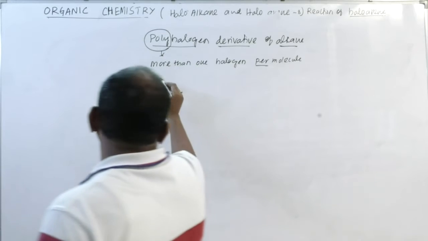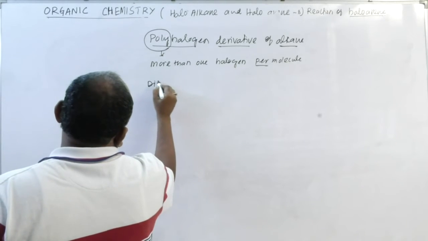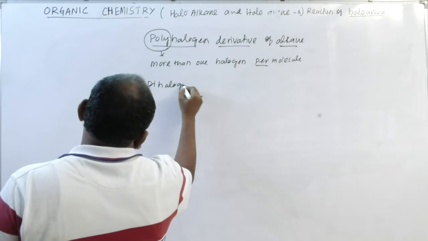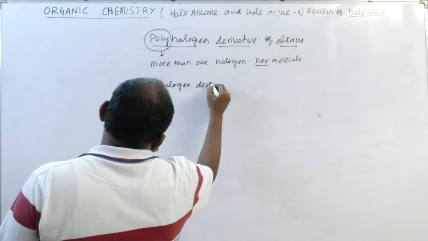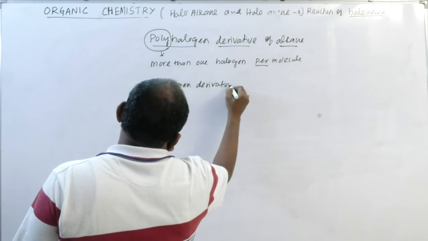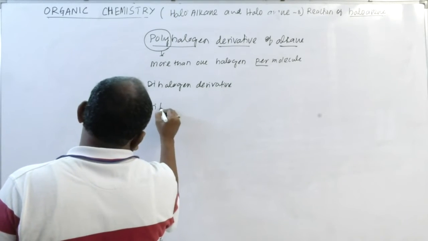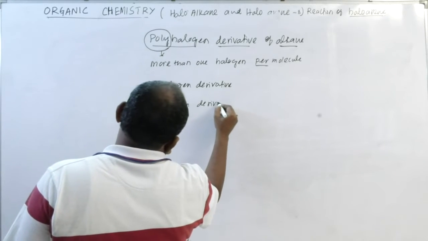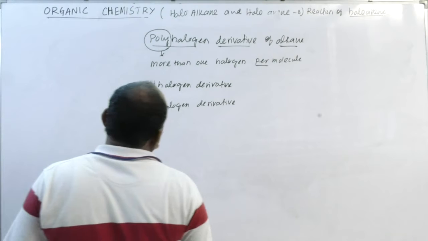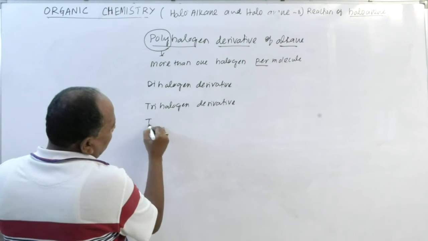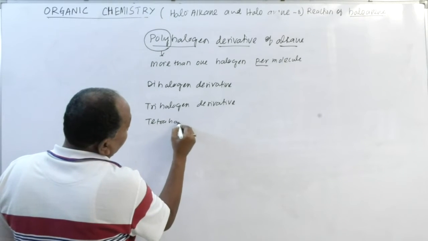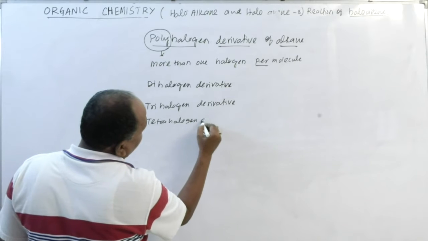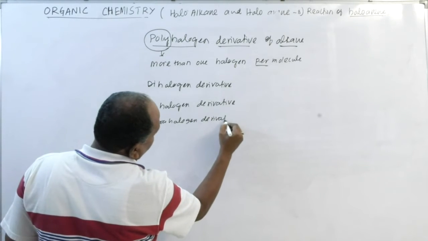So the polyhalogen derivatives are dihalogen derivative, trihalogen derivative, and tetrahalogen derivative.